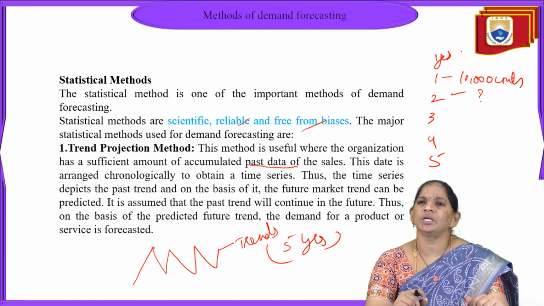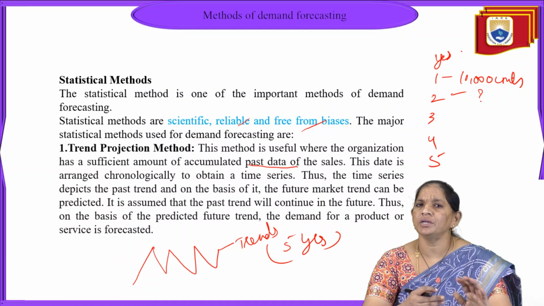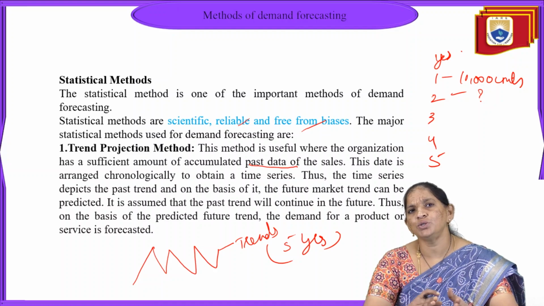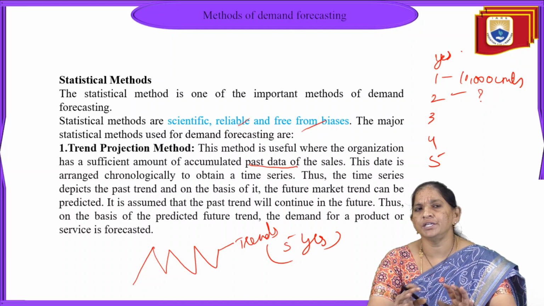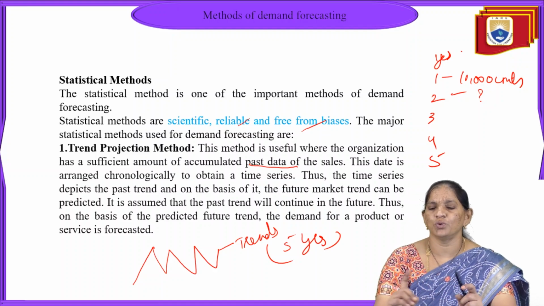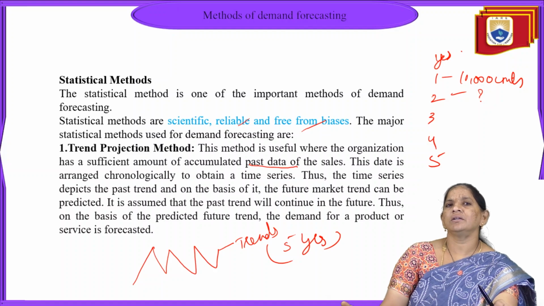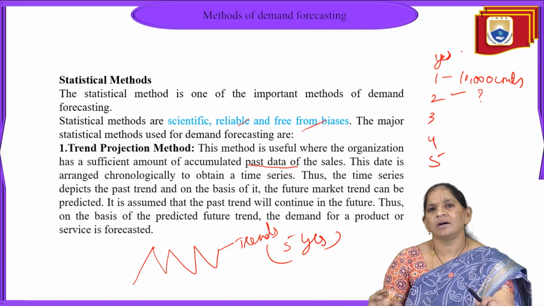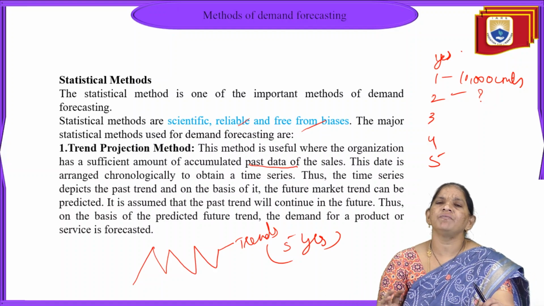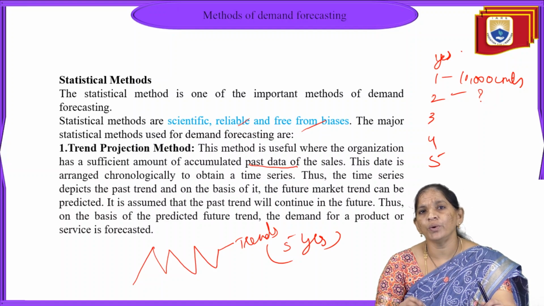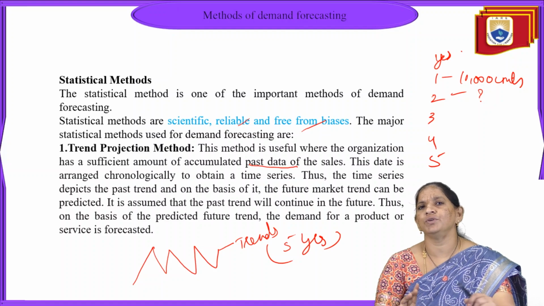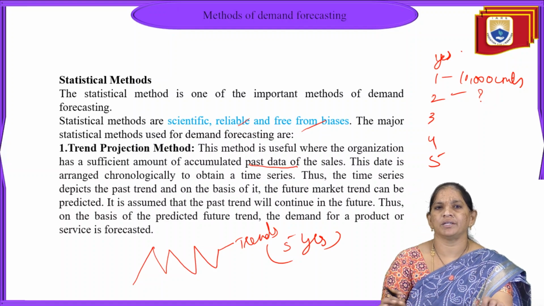Means based upon the last year's or the previous years' sales or trends, we predict what happens in the next year. And there are different methods of trend projection, and based upon the data availability or requirement of the organization, we can use different methods.